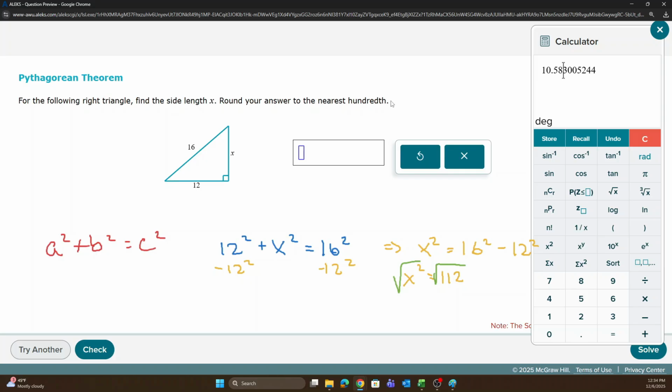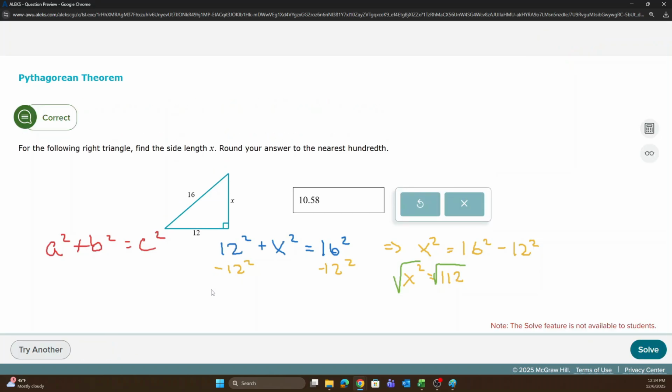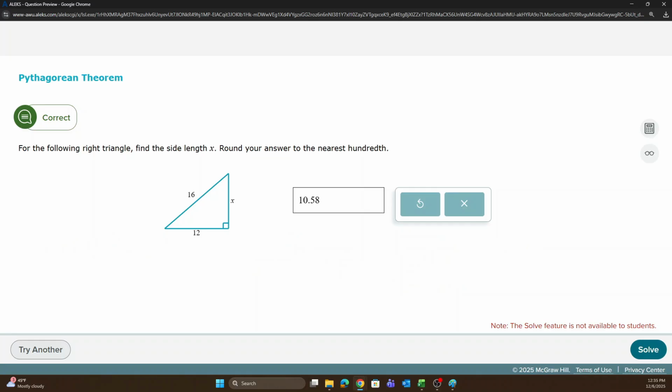This is round to the nearest hundredth. Since the 3 is less than 5, we're just going to keep the 10.58. And that's all there is to it. So let's go ahead and move on to the 5th problem in our problem set.